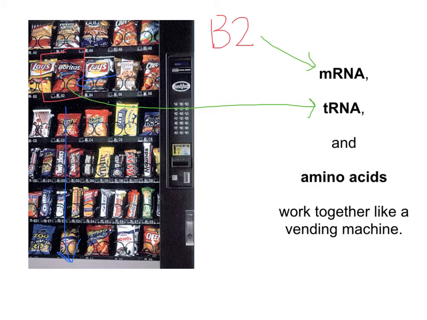Our tRNA is going to be, in our cell, what carries our amino acids to the mRNA. So it listens to the code of the mRNA, matches it, and brings the amino acids just like these spirals bring the Doritos when I plug in B2. Then the amino acid is the Doritos. It's the final thing that I want that's going to build my lunch or build my protein. So these amino acids are being carried by the tRNA, and they're going to be connected in the ribosome to build my protein.